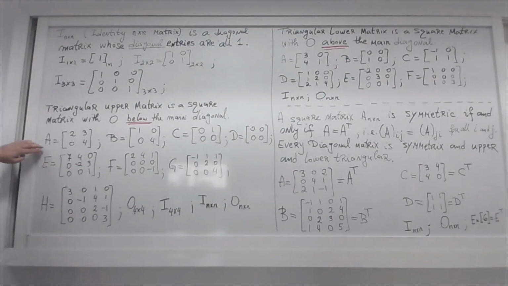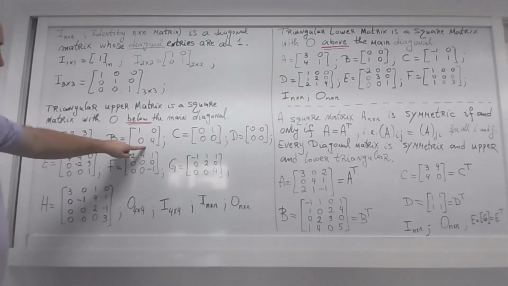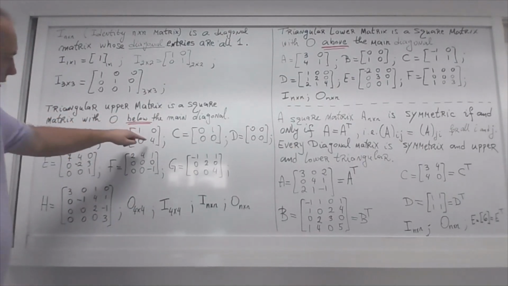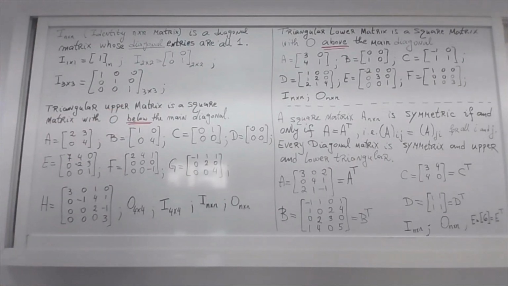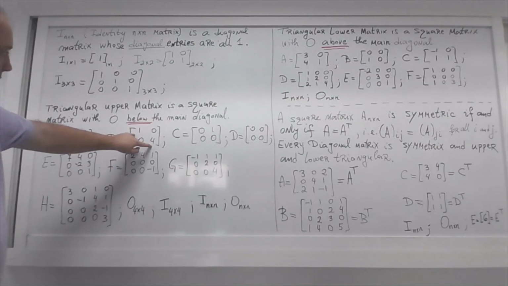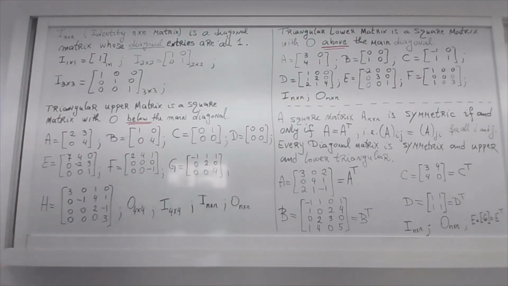For instance, in this matrix, we have the main diagonal 2 and 4. Below we have zeros, so this is upper triangular matrix. In this case, below the main diagonal we have 0, so this is upper triangular matrix. Okay, it is also diagonal. Happens to be, it's fine.